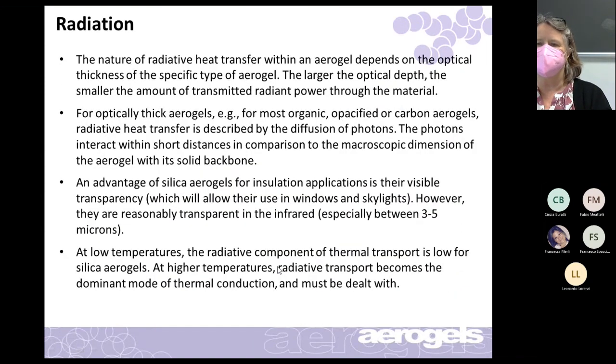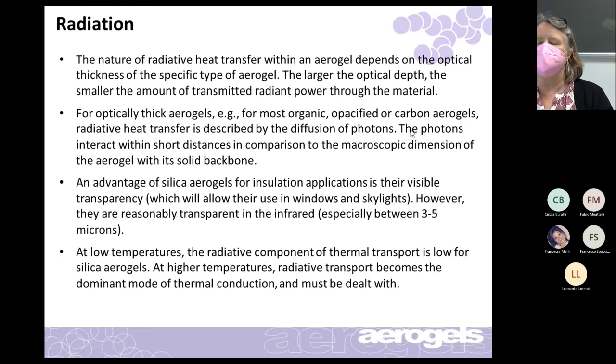Okay, radiation. The amount of radiation that you're going to have will depend on the optical thickness of a specific type of aerogel, or the optical depth, which has to do with the extinction coefficient of a material. I'm not an expert on radiation. I don't worry too much about it because I work at lower temperatures. So for most optically thick aerogels, these are organic, opacified carbon aerogels, the radiation is not particularly important.